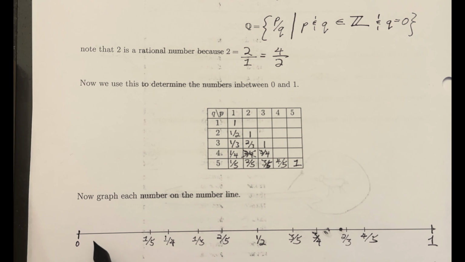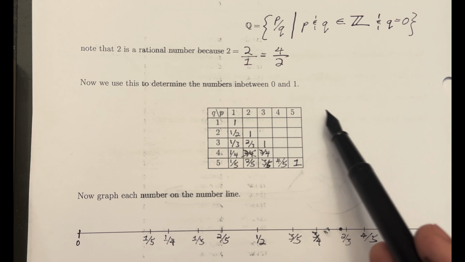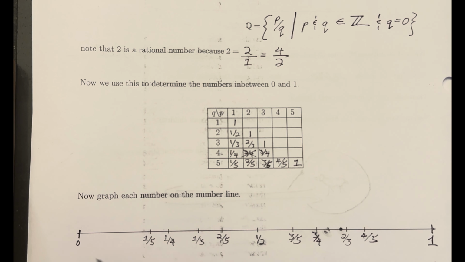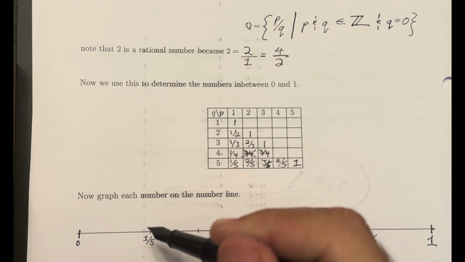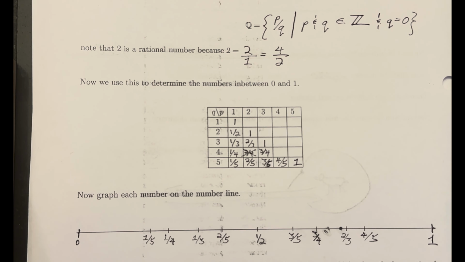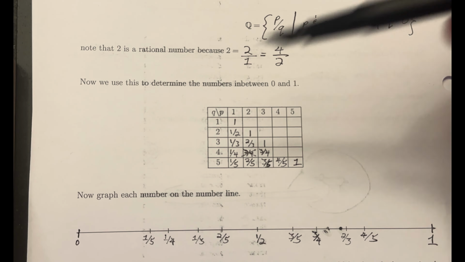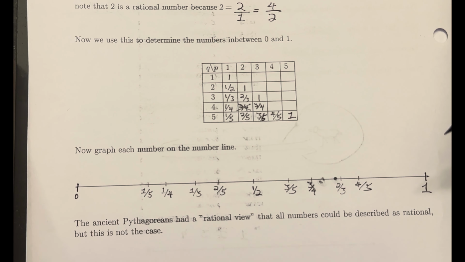And eventually, you can tell that if I were to keep including numbers down here, keep bringing numbers out as needed, I would fill all the space right here with just so many lines. It'd be right on top of each other, right? It would be a dense area. And so the ancient Pythagoreans had a rational worldview, as it says right here, that all numbers could be described as rational.